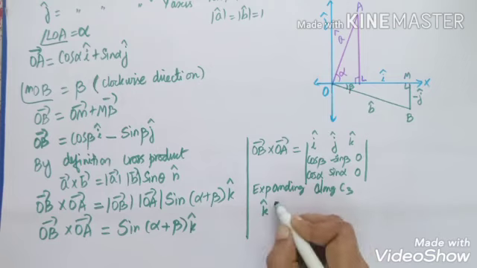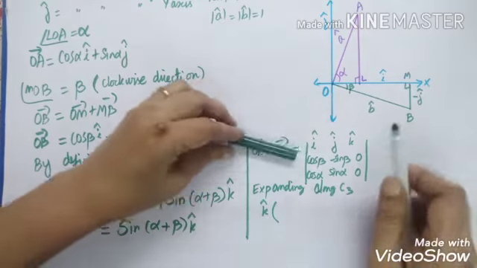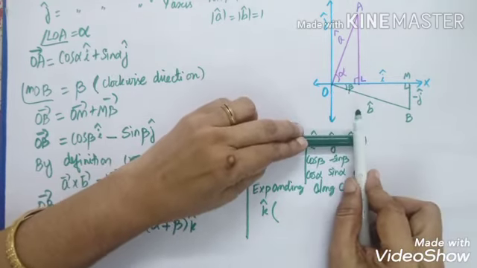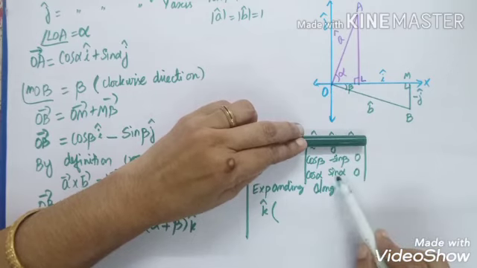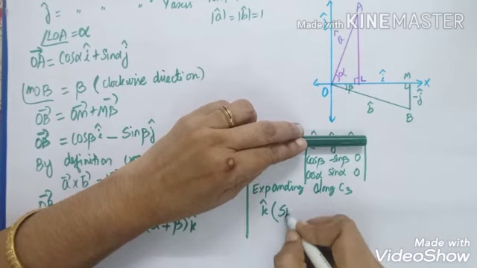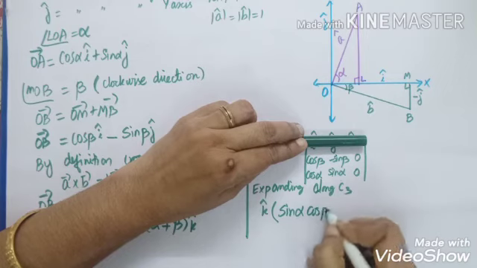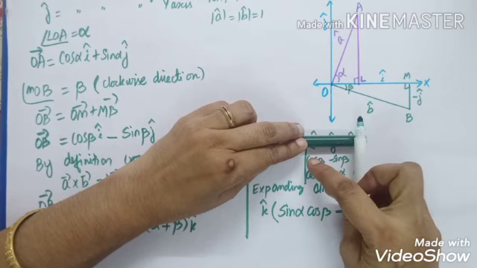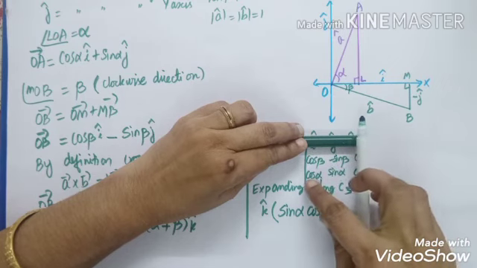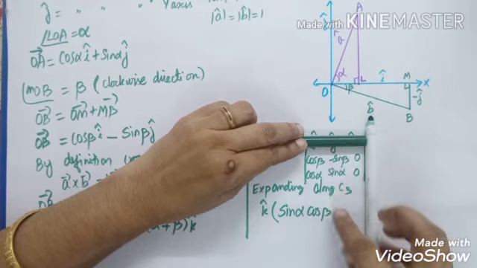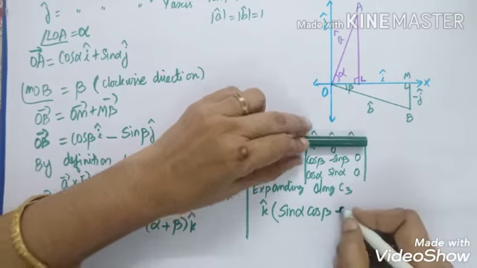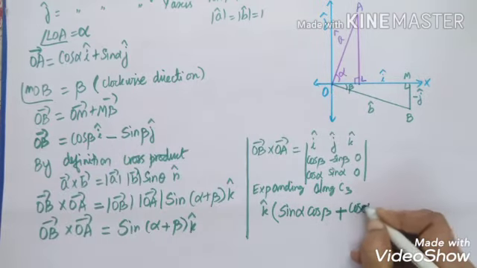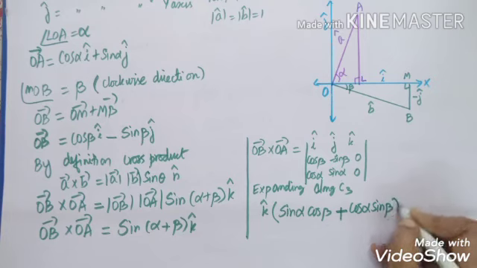K vector into, hide the row, hide the column, I am left with sin alpha cos beta minus cos alpha into minus sin beta. Already there is a minus, so it will become plus cos alpha sin beta.